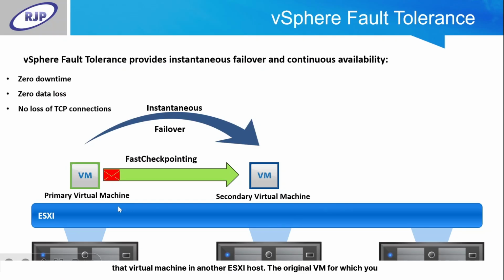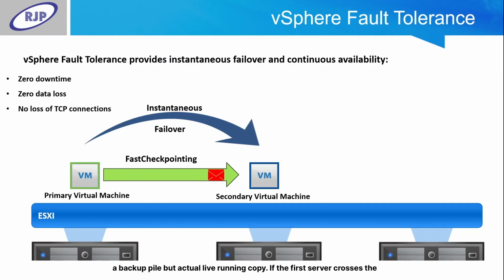The original VM for which you enable FT is known as the primary virtual machine, and the twin copy of that VM is known as the secondary virtual machine. Both are running at the same time, not just a backup file but an actual live running copy.